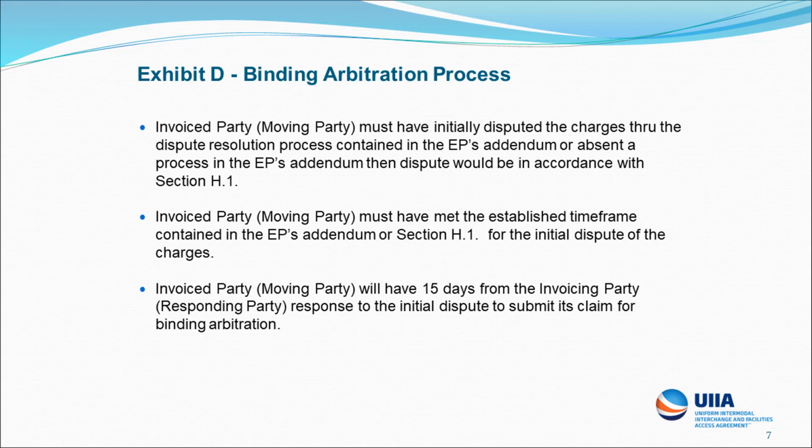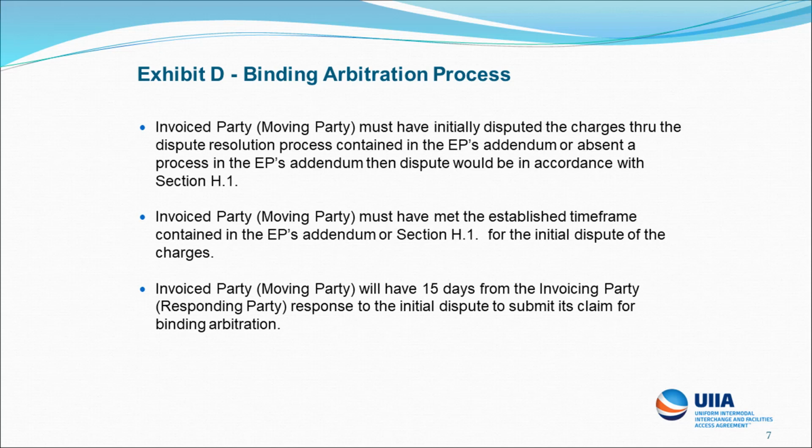So we're going to look to see if the equipment provider has a process within their addendum, and if they do, we're going to make sure your initial dispute of the claim met that criteria, or if the default process was used, that that process was met. After that, you as the invoiced party would have 15 days from the date the invoicing party denies or responds to your initial dispute to submit the claim for binding arbitration.